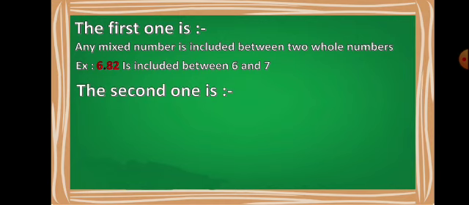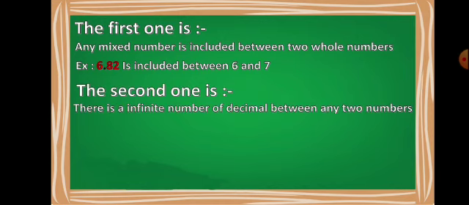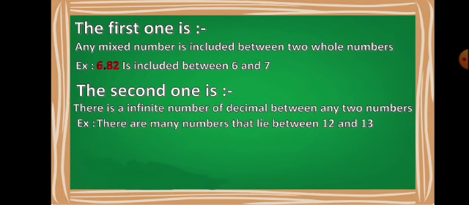The second is: there is an infinite number of decimals between any two numbers. Example: there are many numbers that lie between 12 and 13.